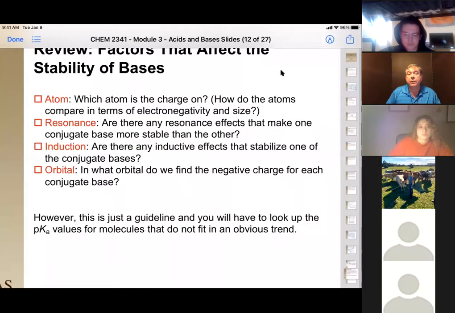So the more s character, the lower the base strength. The less s character, the higher the base strength. And also notice it was also orbital size. The sp3 orbital on a nitrogen is actually smaller than the sp2 orbital on a carbon. And so we can see that size does also affect things. All right, questions on acids and bases.